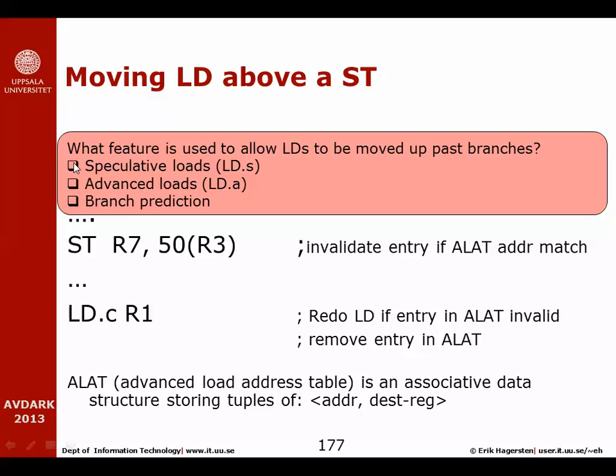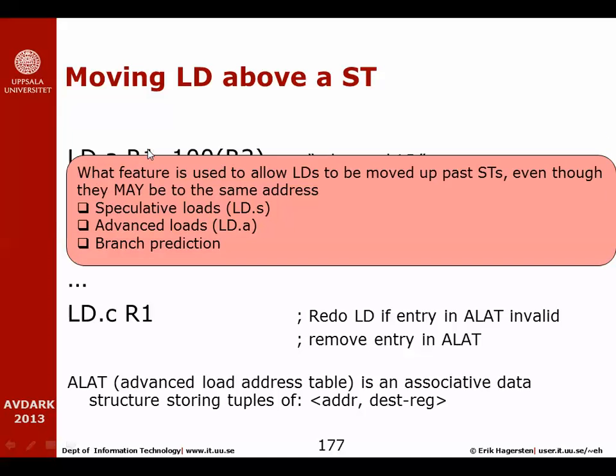Correct answer is speculative load. What feature is used to allow loads to be moved past stores even though they may be to the same address? And that's what's called the advanced load, that's hiding behind this pink box right here.